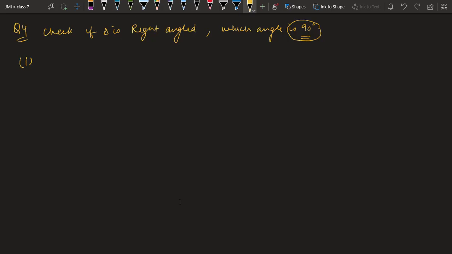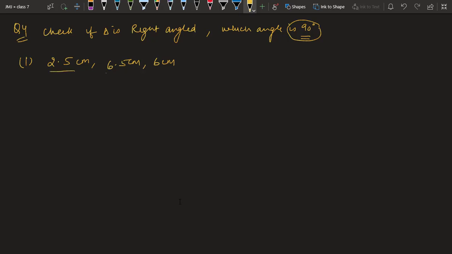Okay, let's start with the first part and see whether it is the side of a right triangle or not. So the sides given to us are 2.5 centimeter, 6.5 centimeter and 6 centimeter. We all know if it follows Pythagoras theorem, then we can say it is a right angle triangle. Pythagoras theorem says hypotenuse square should be equal to the sum of squares of the other two sides.